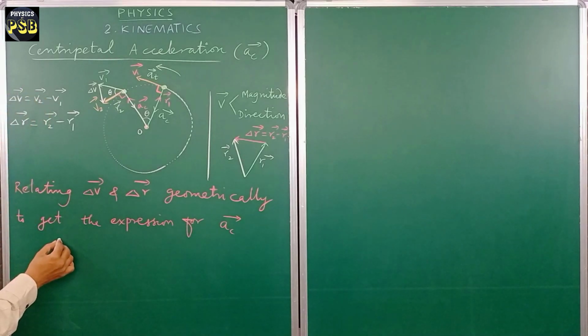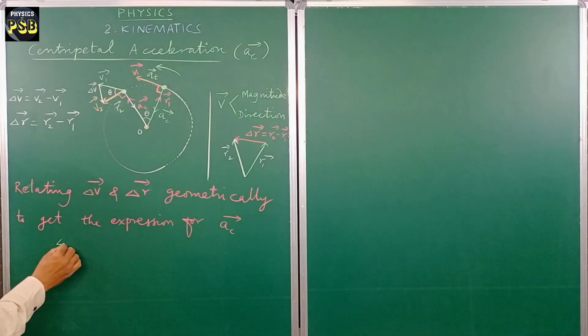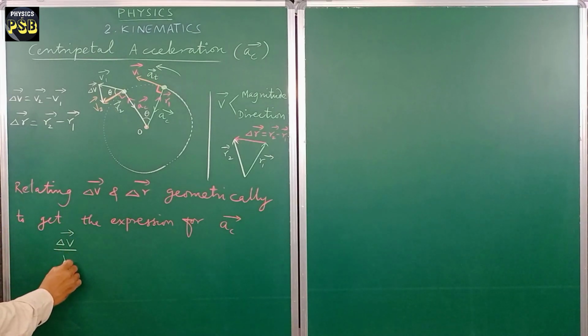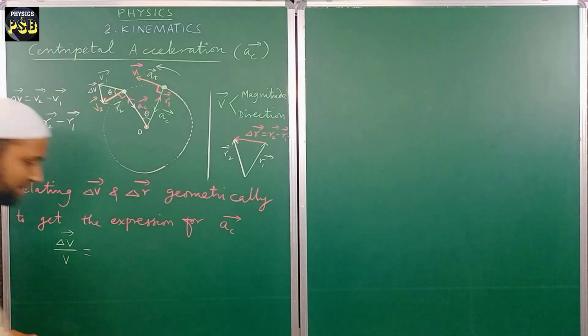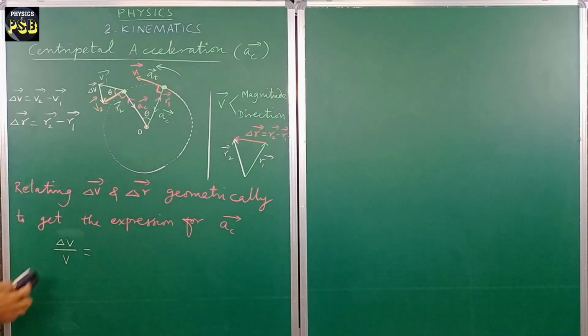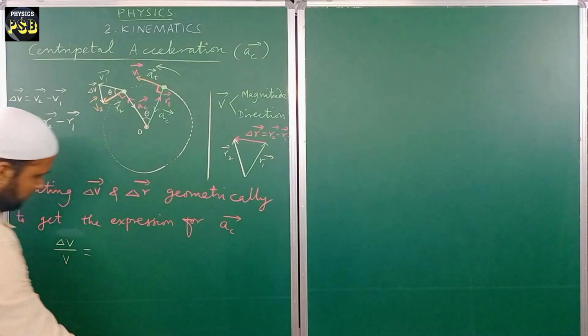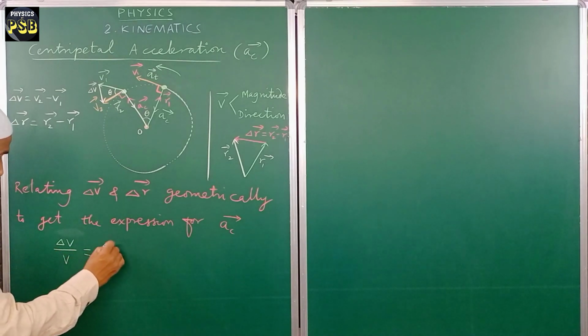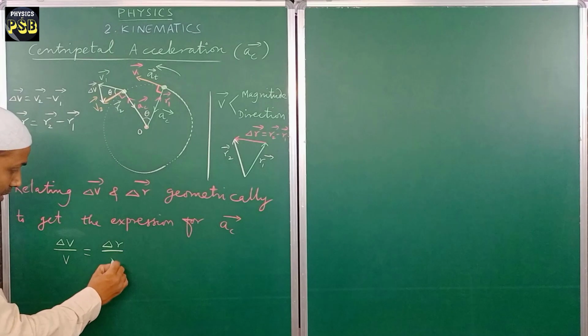Here I take this delta v vector divided by v, taking its magnitude. And on this side, use delta r. It is found to be equal to delta r upon r.